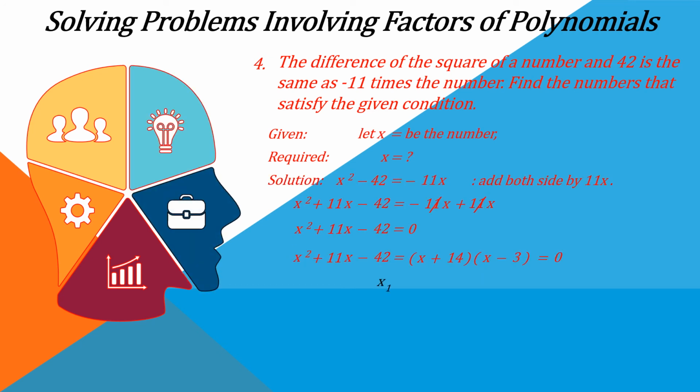So in this situation, x sub 1 is equal to negative 14 and x sub 2 is equal to 3.